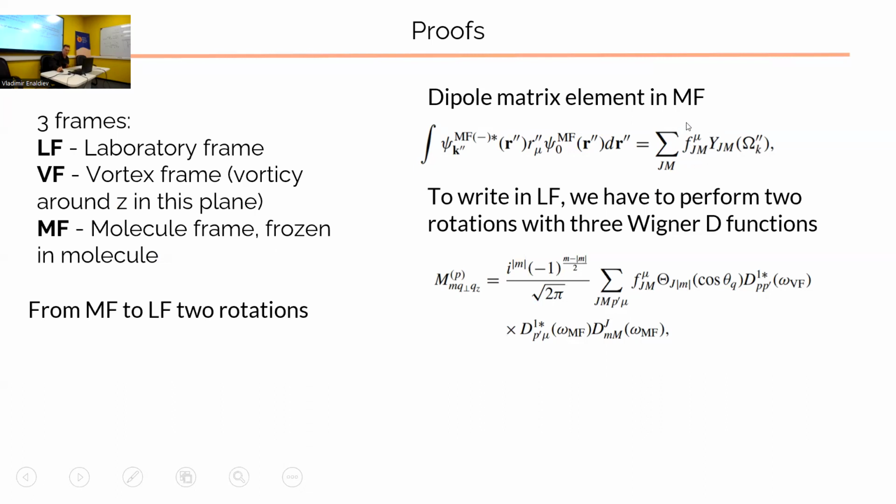But once we have calculated them, we know the dipole matrix element in the molecular frame, and then we can rotate it into any frame we want. For example, we can rotate it into the laboratory frame by Wigner D functions. So we have 2 rotations, and we have 3 Wigner D functions to rotate the spherical harmonics.